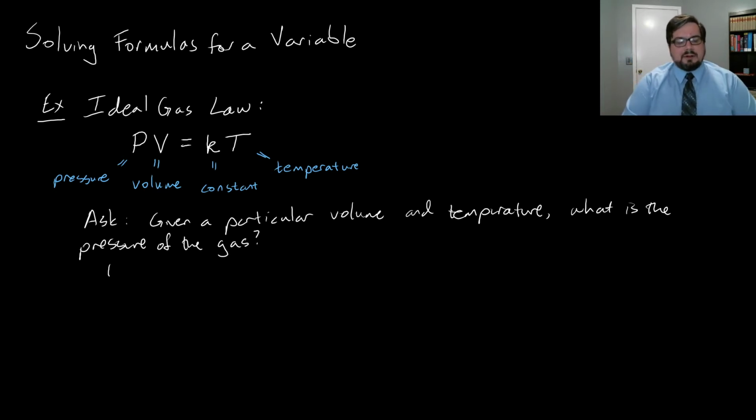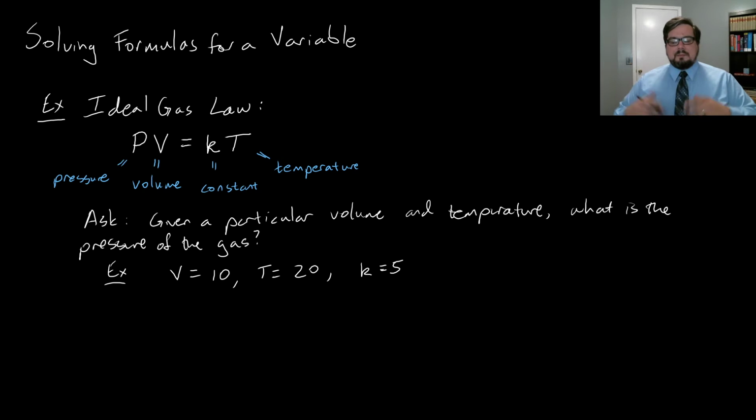So, for example, let's say, and I'm not going to work with any units here. Let's suppose that the volume was 10, the temperature was 20, and let's say K equals 5 for some made-up gas that we're looking at.